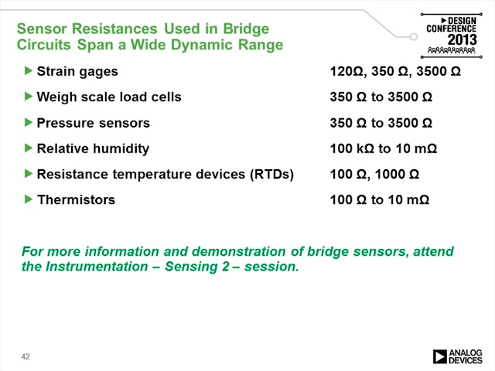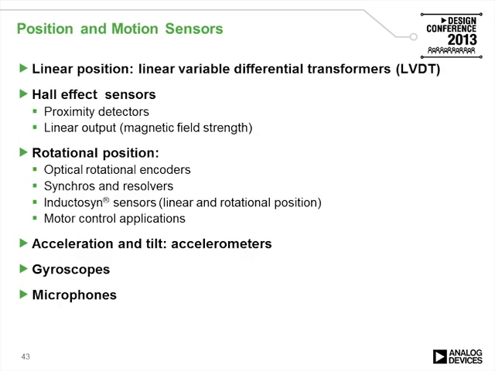Strain gauges and thermistors are built up this way, and of course it measures the change of resistance with the change in a physical variable. We have another session, which is our Instrumentation and Sensing 2 session, which goes into those sensors in much more detail.